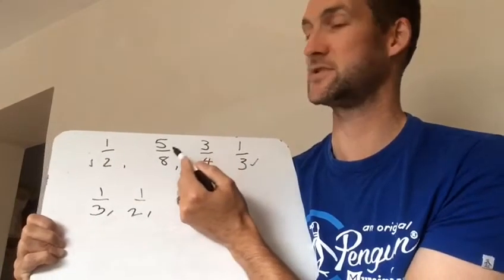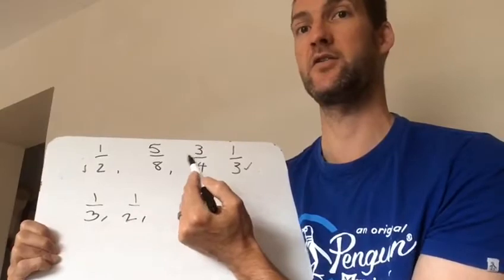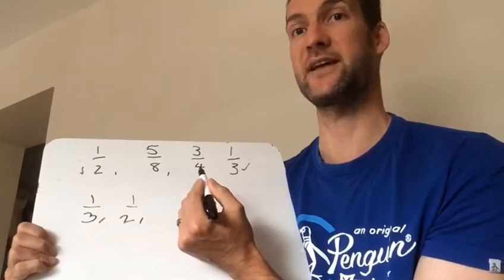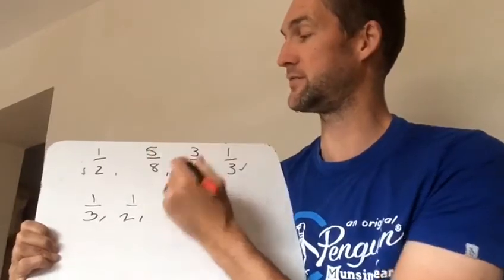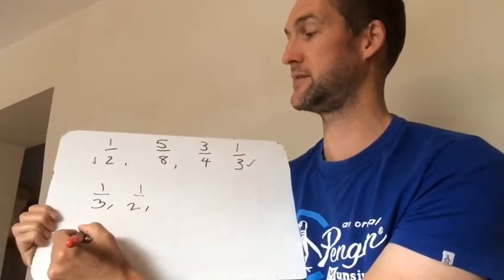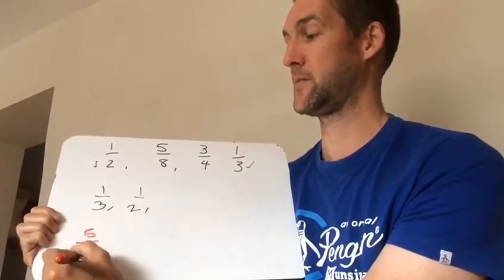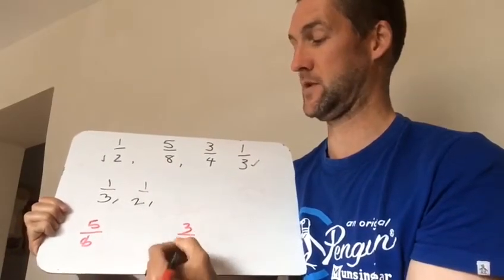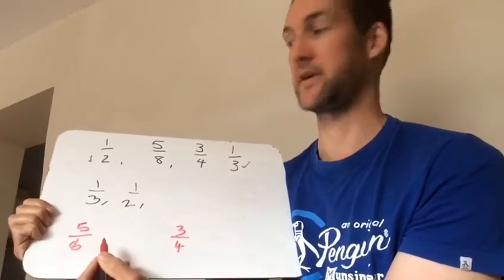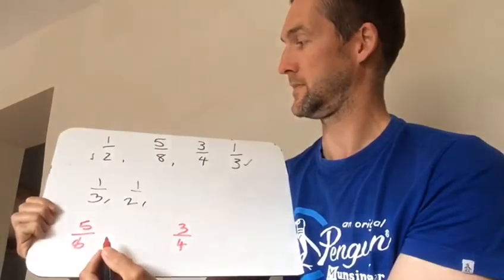Now, 3/4 and 5/8. Now you may know which fraction is next, but if you weren't too sure, this is when you could change each one of these into the same denominator. And to do that, you need to find a common denominator. Right?